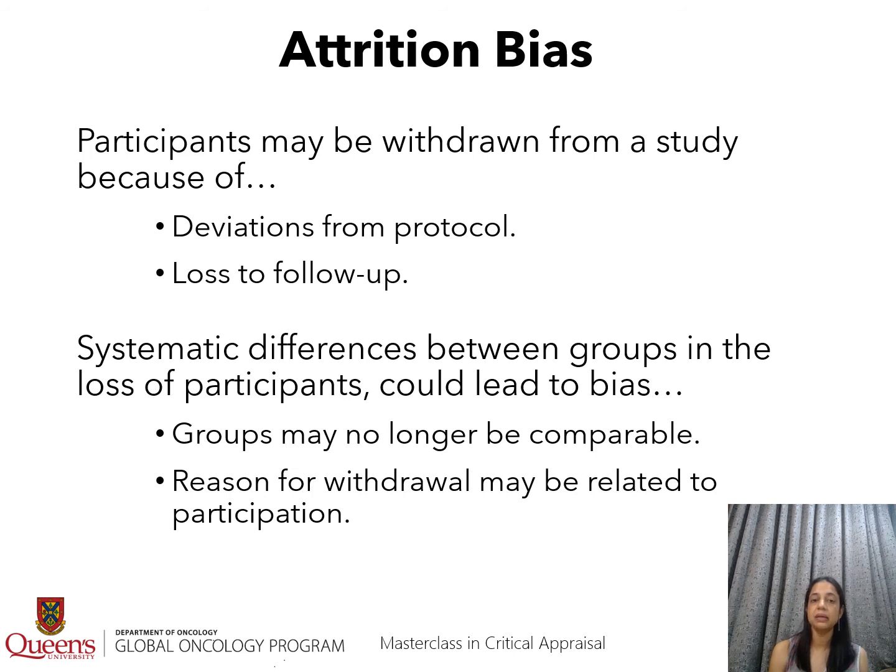If there are systematic differences between groups in the loss of participants, this could lead to a bias because the groups may no longer be comparable, and more importantly, the reason for withdrawal may be related to participation. For example, if a study treatment is particularly toxic, or very difficult to comply with, you may have higher numbers of withdrawal in that arm.